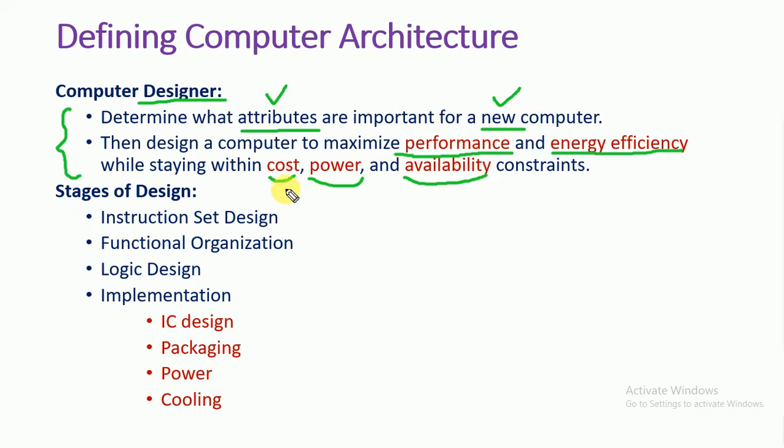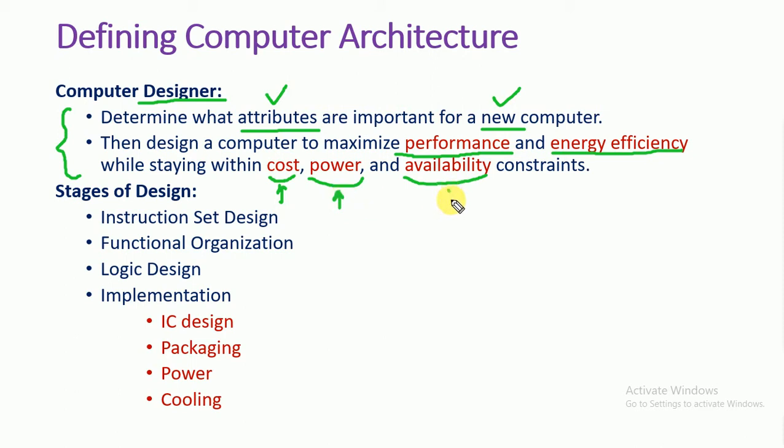In the meantime, he needs to consider the cost, the power requirement, as well as the availability constraints. Cost, as we know: we should have more performance with less cost for any product. Similarly, the power requirement must also be less when we are buying a new computer, because if it takes more power, we cannot say it is a better system than the one we were using previously.